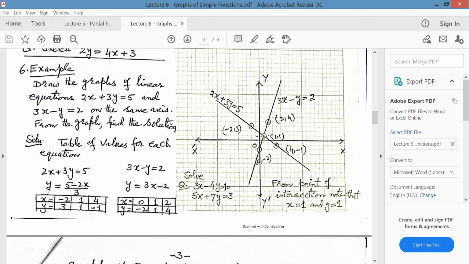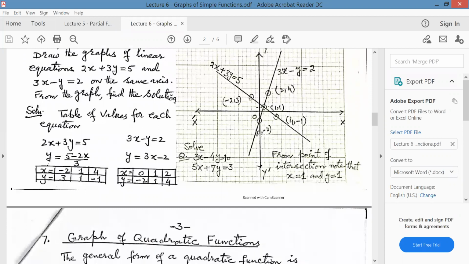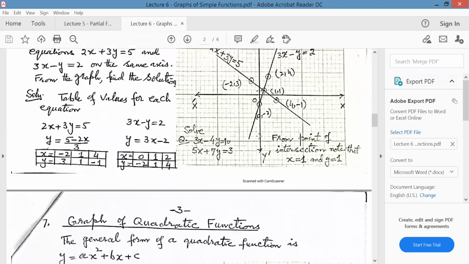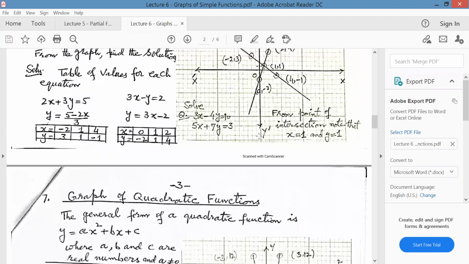Similarly, where the horizontal line crosses the y-axis, from that point of intersection to the origin, that value will be the y value. So in that way, we get the x value and y value. That will be your solution. So graphically, you solve a pair of equations. If I give you a question of this type in the paper, I'm sure you should be able to do it.